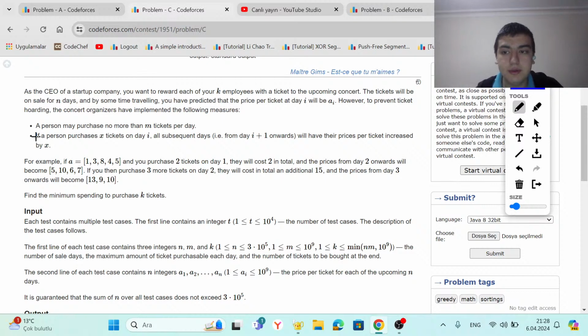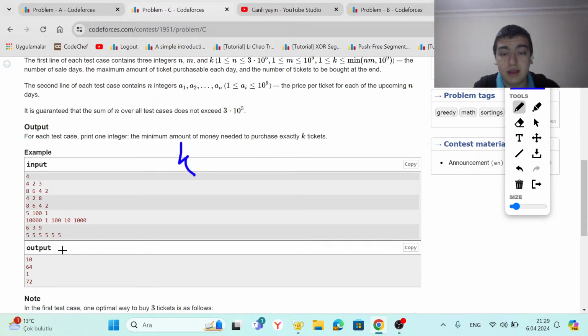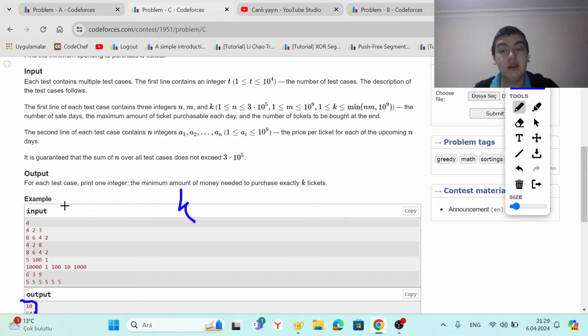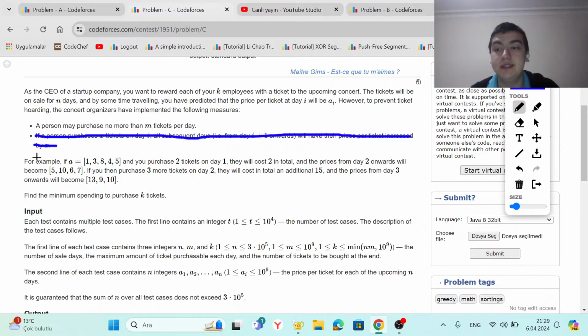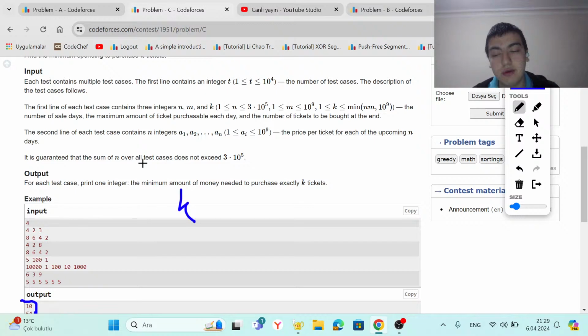This sentence will not affect our solution or our strategy. It will only affect the output. Our strategy will be the same whether we erase this sentence or not, because of our observations.